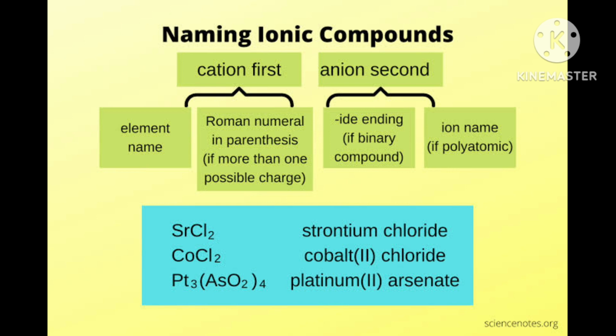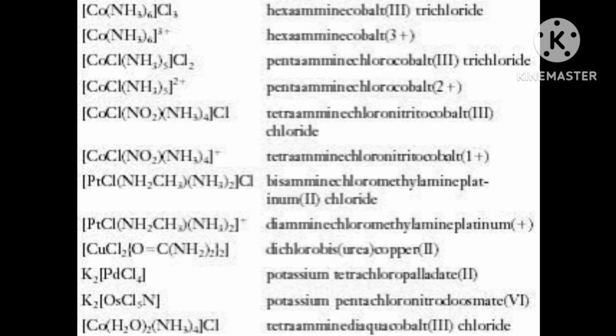Okay. Nomenclature is important in coordination chemistry because of the need to have an unambiguous method of describing formulas and writing systematic names, particularly when dealing with isomers. Correct?